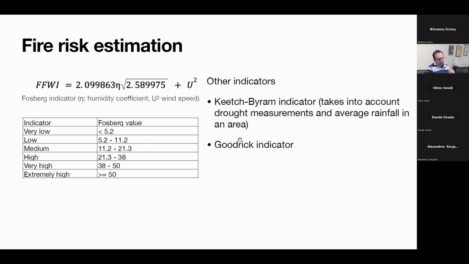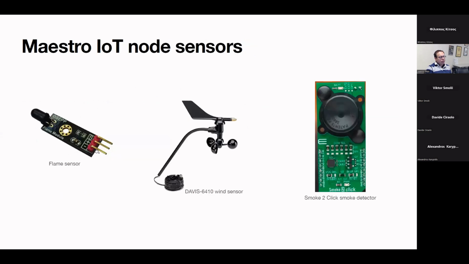Then the challenge is how to determine a fire incident. And this is a problem of sensor fusion that we are still working on. So we have a flame sensor and a smoke sensor. The first experiments showed that they were not the proper ones. We have replaced them. Now we are going to continue with other experiments.